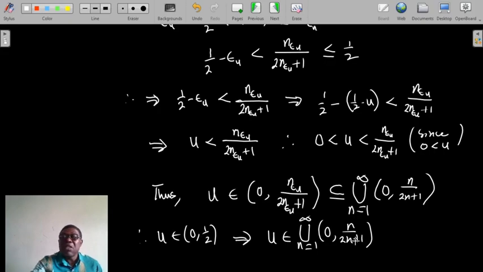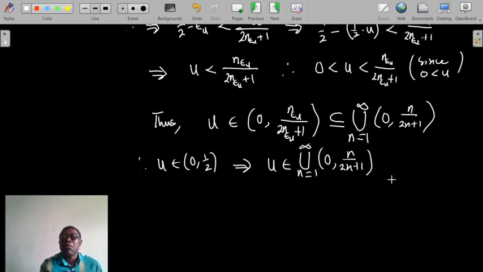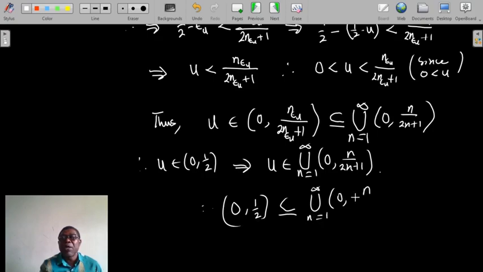So this means that 0, half is a subset of the union n equals 1 to infinity of 0, n over 2n plus 1.